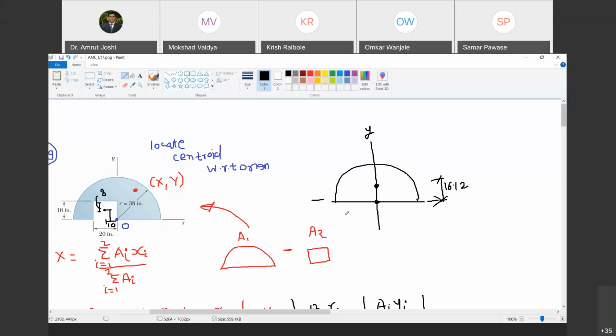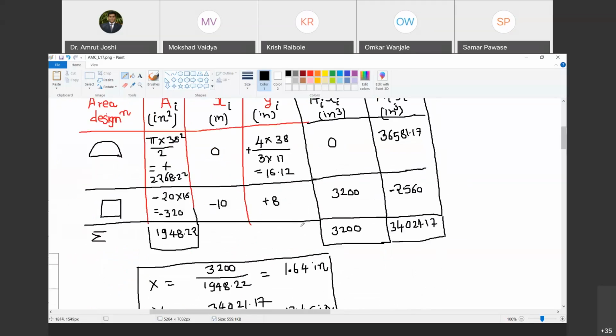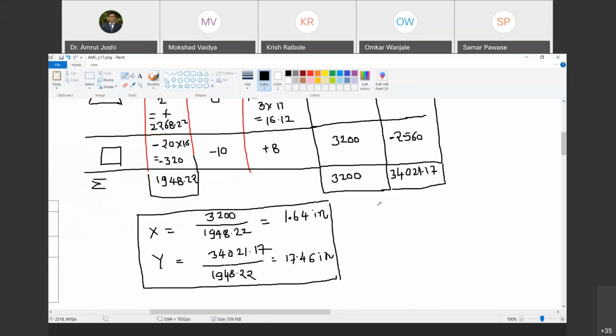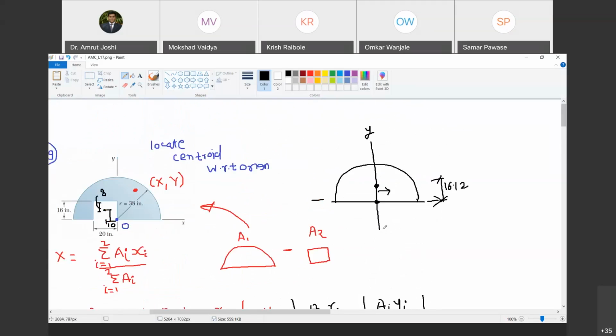Yes, sir. So has it happened that way? Look, has it shifted towards right? Yes, because our x bar is 1.64 inches. That means the centroid has shifted towards right. Are you with me? Yes, sir. And what is the value of y bar? Y bar is 17.46. So it is also shifted up.